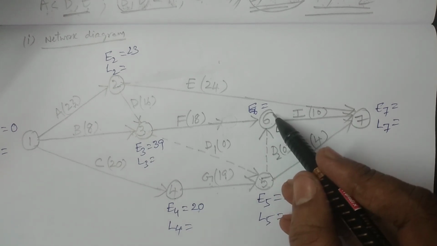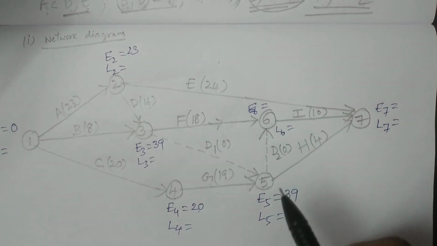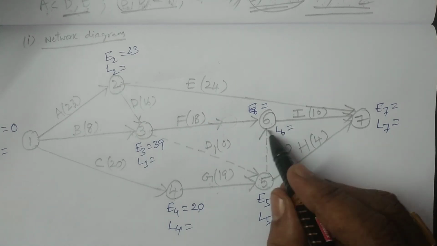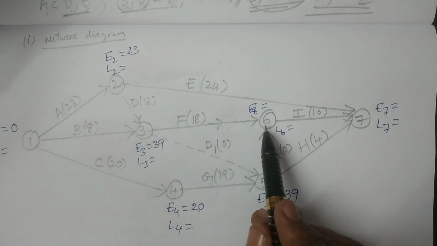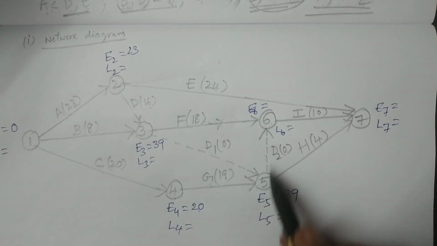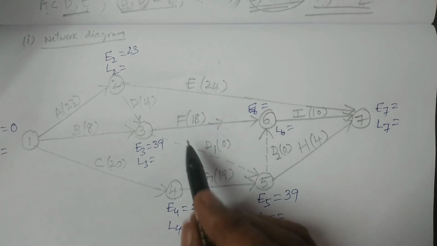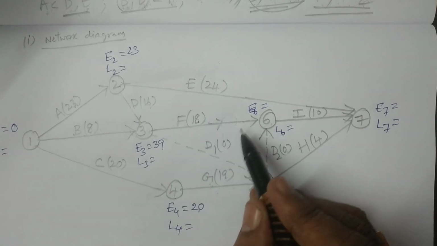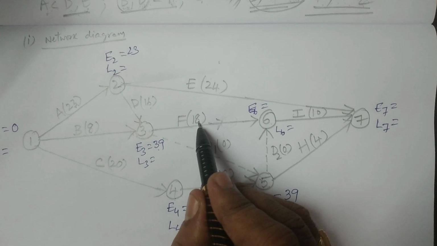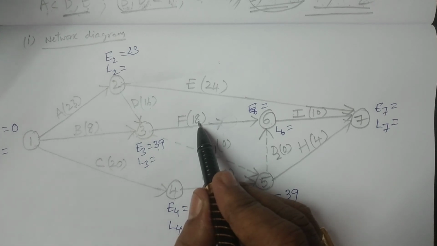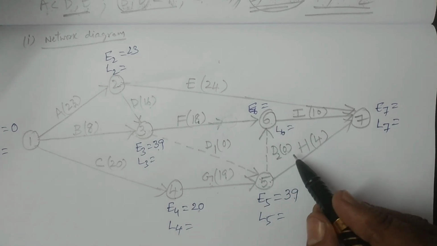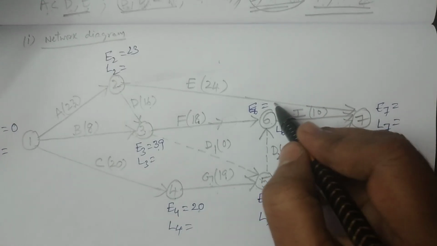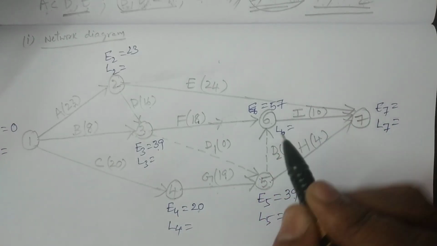It is connected from two events, 3 to 6 and 5 to 6. For 3 to 6, 39 plus 18 is 57, right? And from 5 to 6, 39 plus 0 is 39. The maximum is 57, so the value is 57.